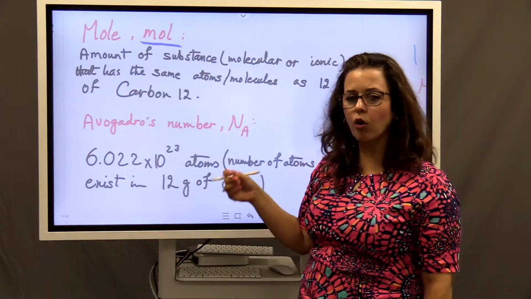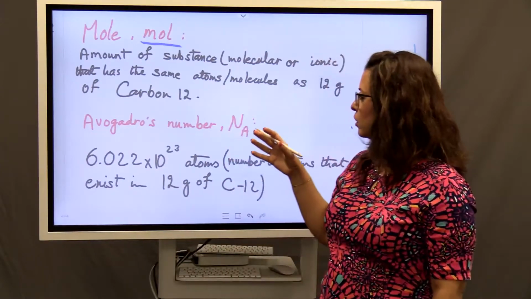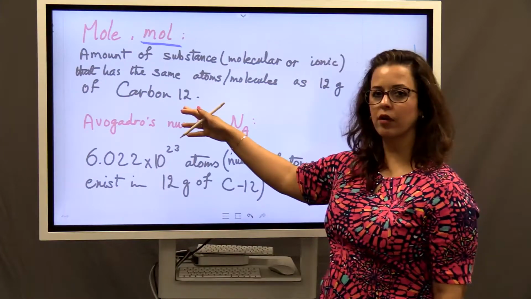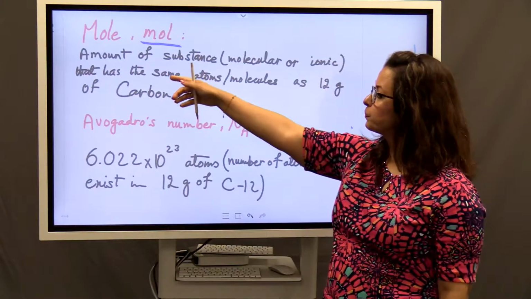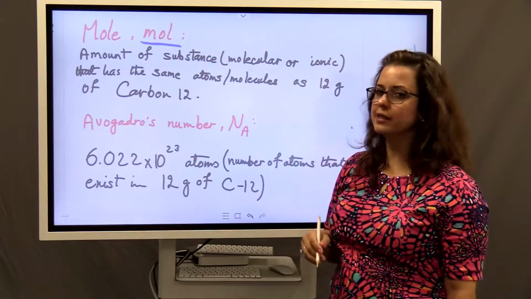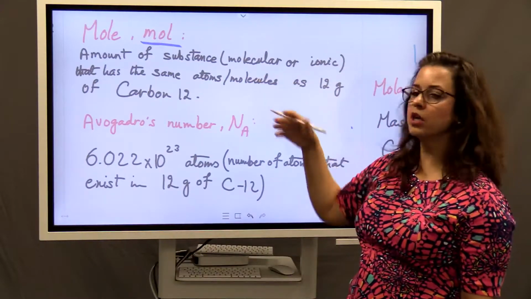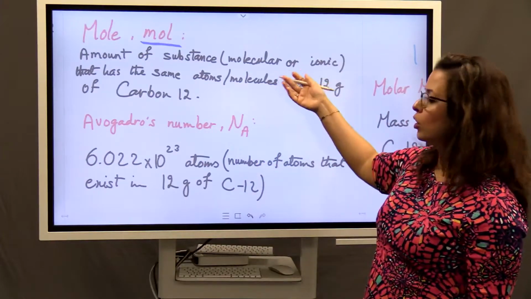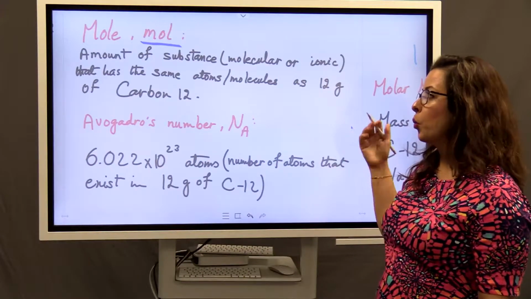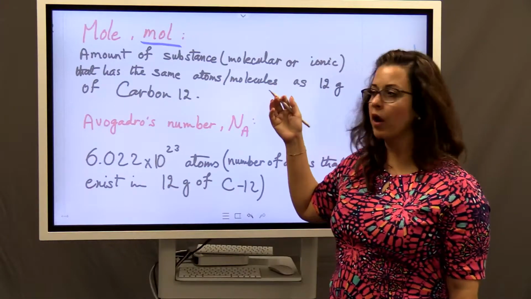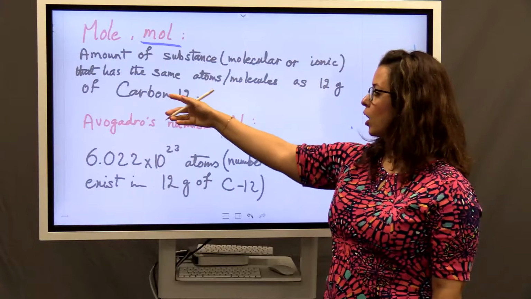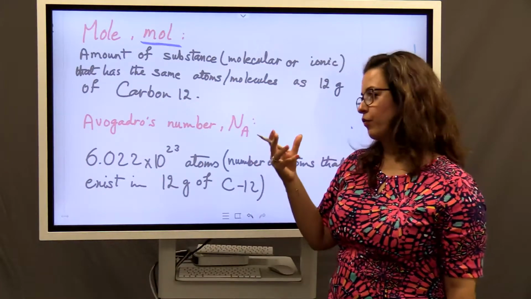So what is mole? The reference atom which was studied first was carbon 12. So we say mole is the amount of substance in any element, in any substance, molecular or ionic, which has the same atoms or molecules as 12 grams of carbon 12. I told you, carbon 12 was the reference.